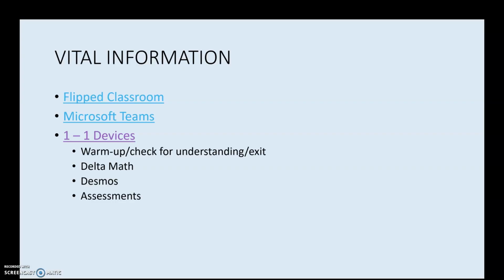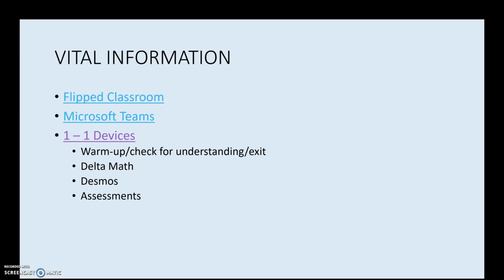Finally, your student is in a one-to-one classroom, and I'll show you what the device is, but what that means is there is a tablet, laptop computer that we have access to use every single math class. So these I can use for, but are certainly not limited to, warm-up questions and exit questions at the beginning and end of class, checks for understanding in the middle of class.